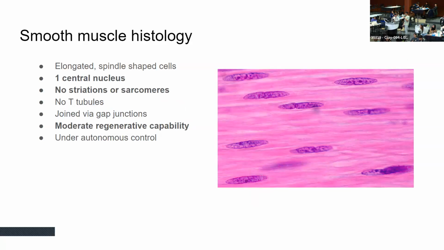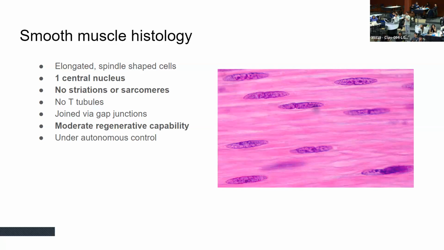Yep. So smooth muscle in comparison is elongated and spindle shaped. With cardiac muscle and skeletal muscle, it looks like a tube, but these ones look like, I don't know if you've ever seen an individual grain of an orange, if you've ever broken it down like that, but it looks kind of like that.